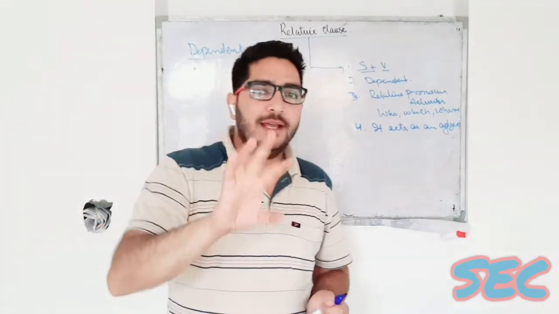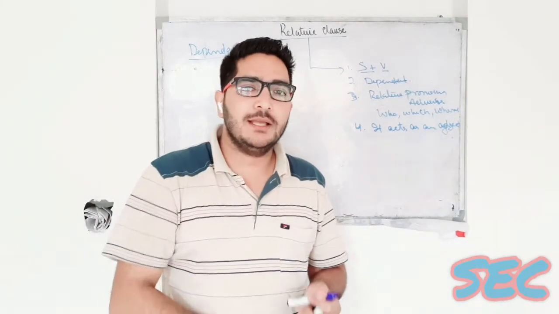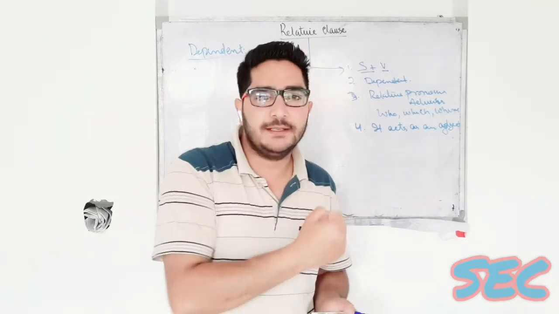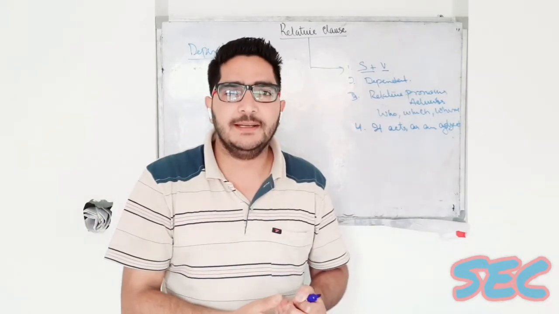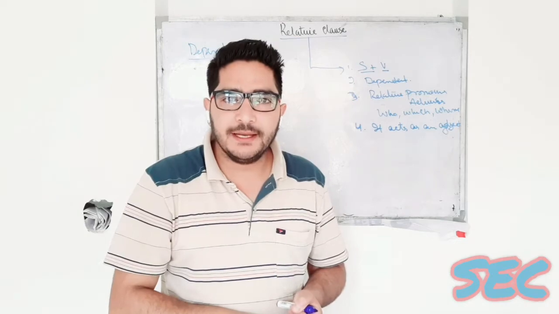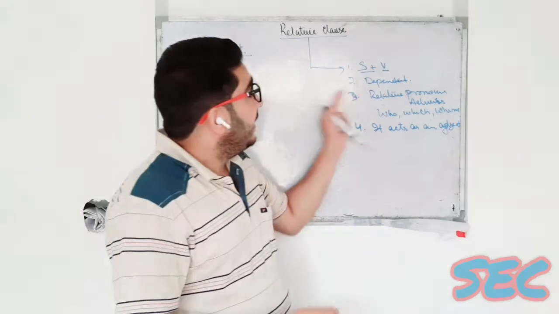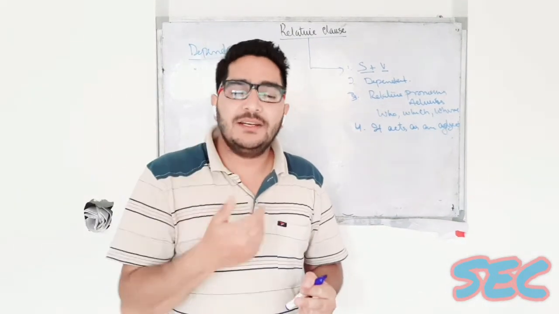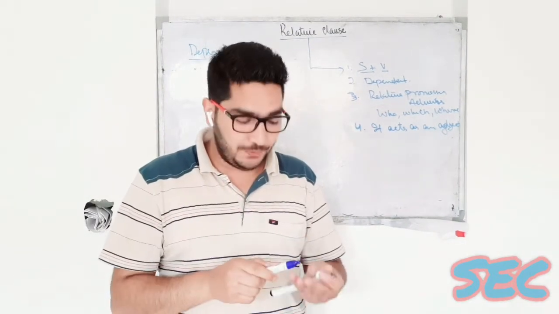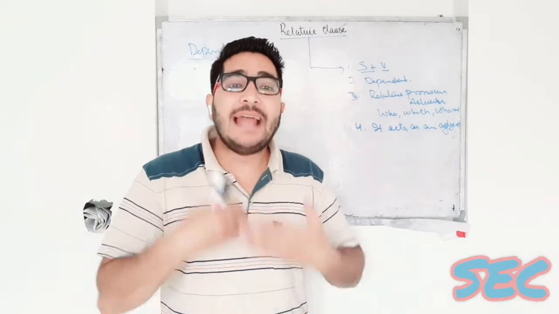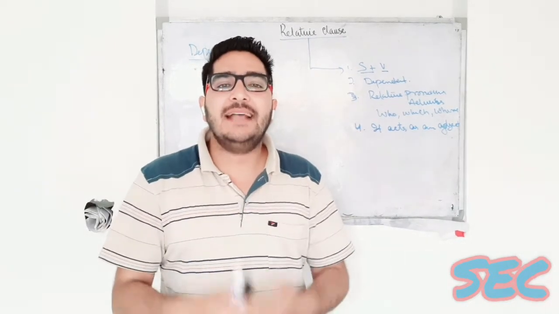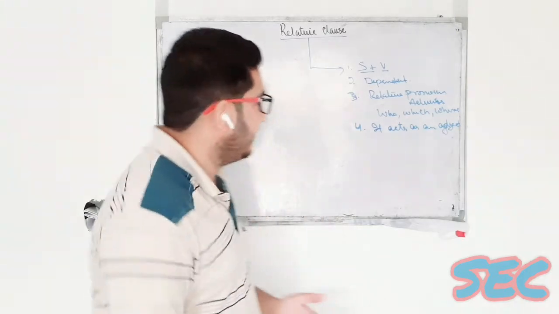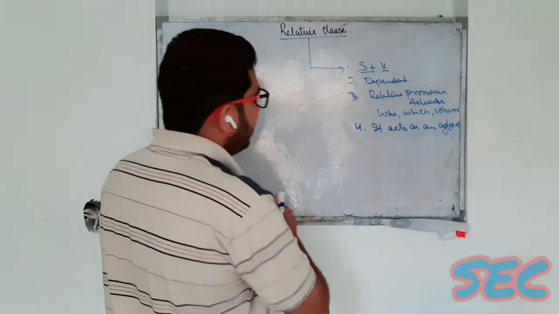So in short, a relative clause is a clause that has a subject and predicate, just like any other clause, and it uses relative pronouns and adverbs, and it acts as an adjective in a sentence. So that is what a relative clause is.